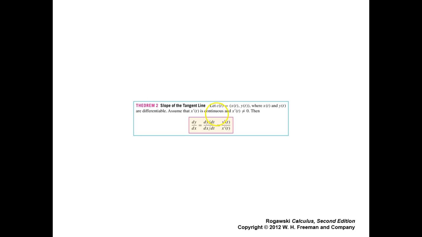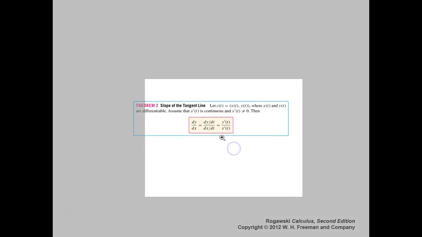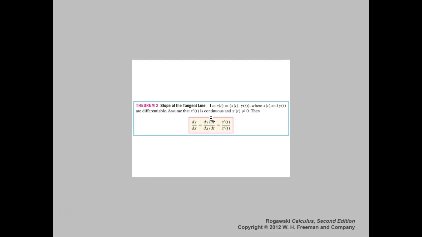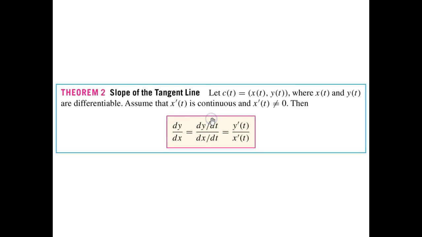So if your x prime is equal to 0, then you can't use that theorem. That theorem's not valid there, because your dy dx can't be an infinite thing. When x prime of t is 0, then this is not defined.